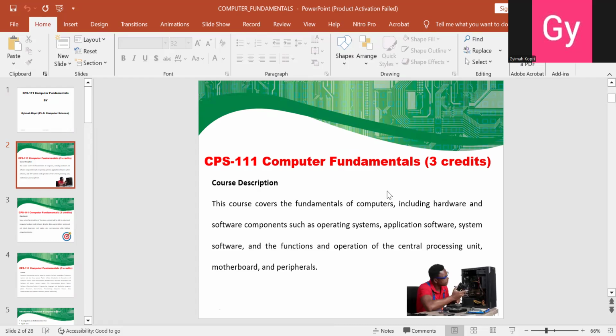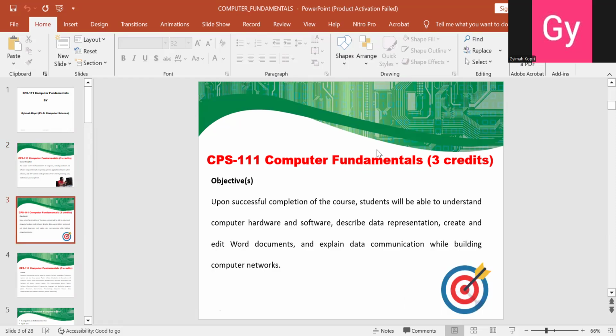Within the software, we have the operating system, the application, and other things like utility software. Within the hardware, we have things like the central processing unit, the motherboard, and peripherals. Some of these things I may be showing you in class, or I may be doing some videos and showing to you. This is just to tell you what the course entails.